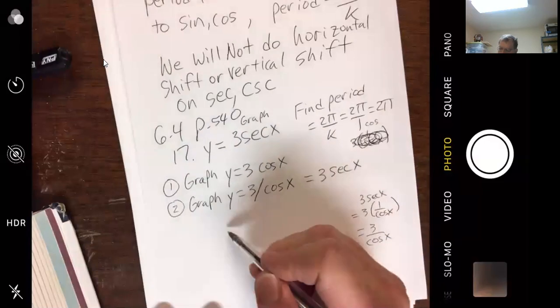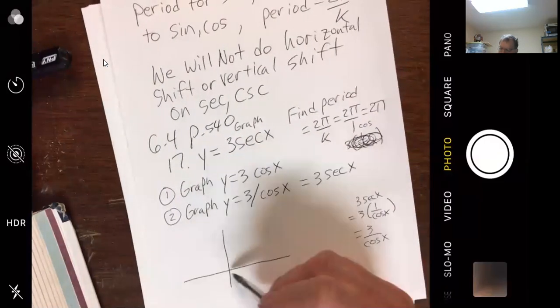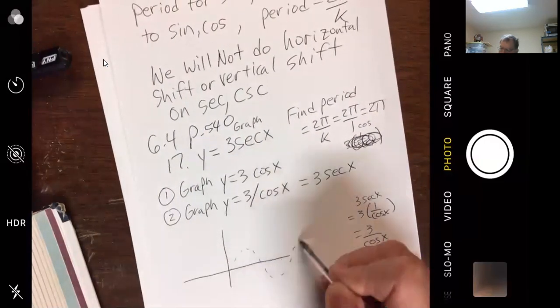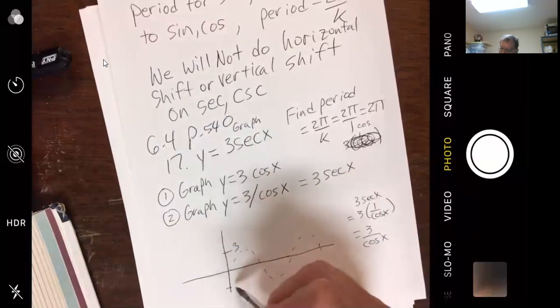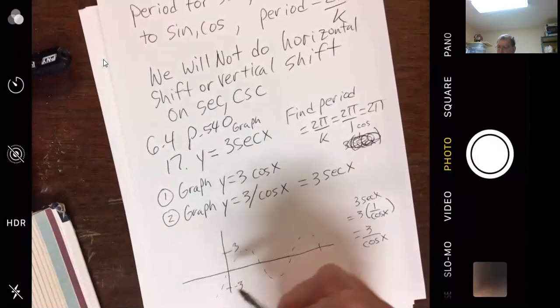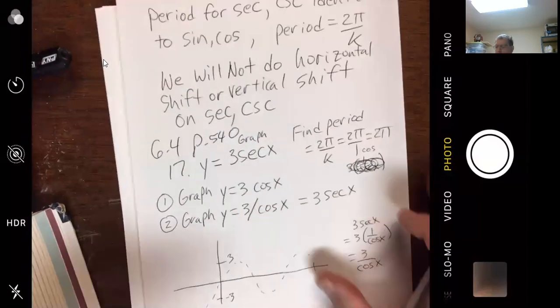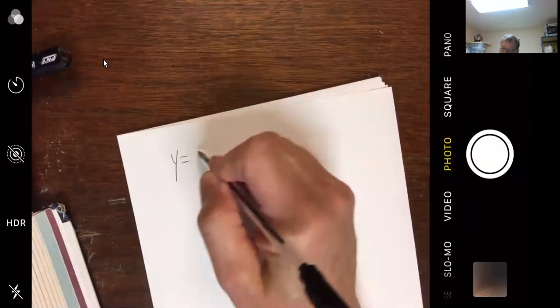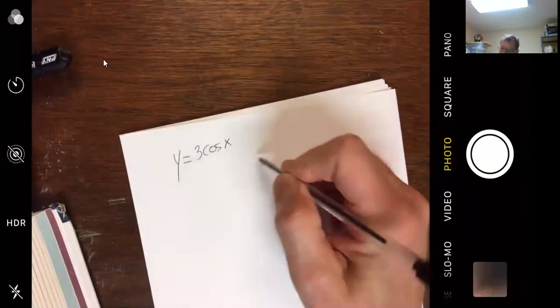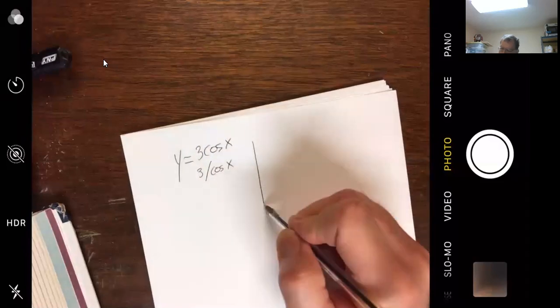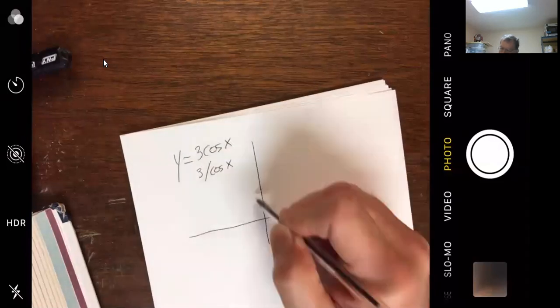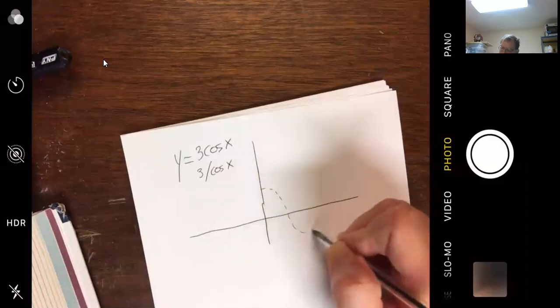So if I wanted to sketch that, going up to 3, going down to -3, I drew a sine. My fault, I drew a sine. And 3 divided by cosine x. Cosine is high in the middle.